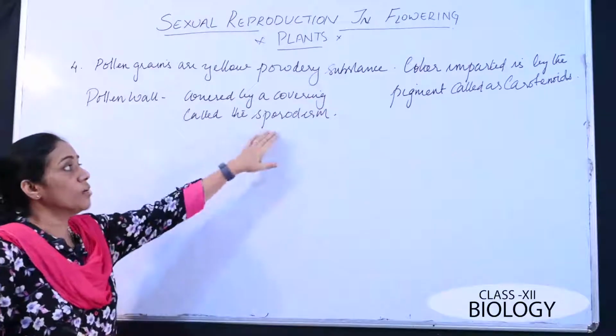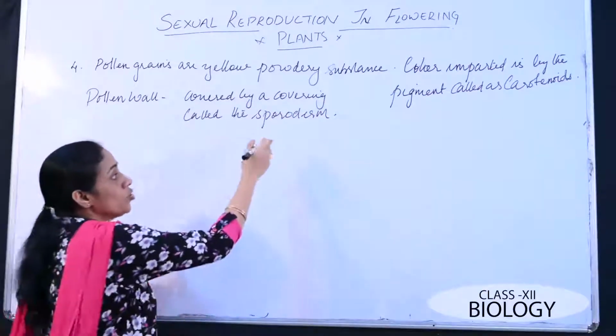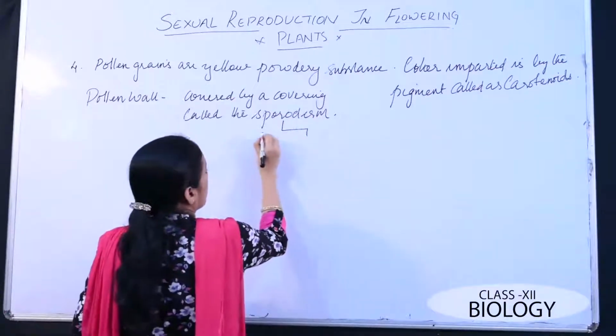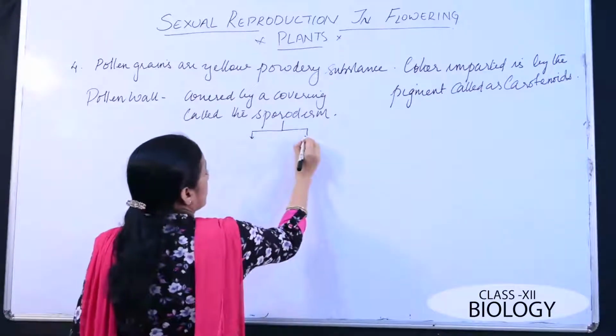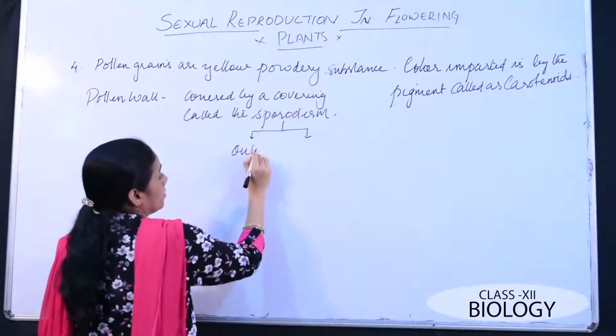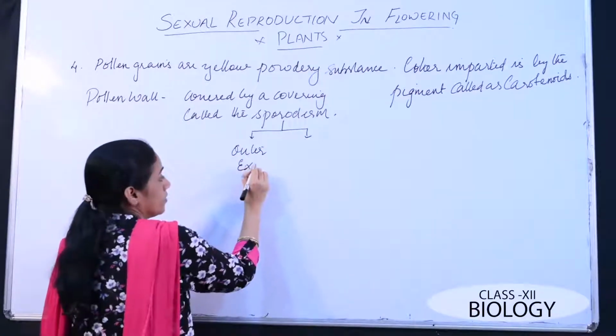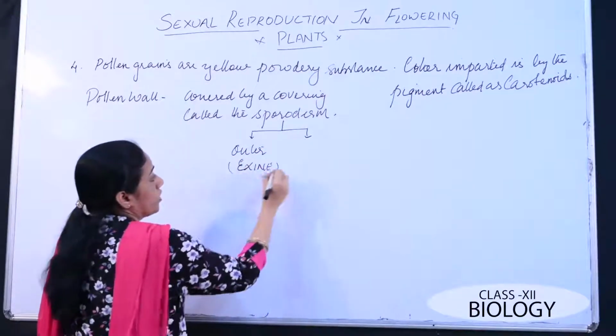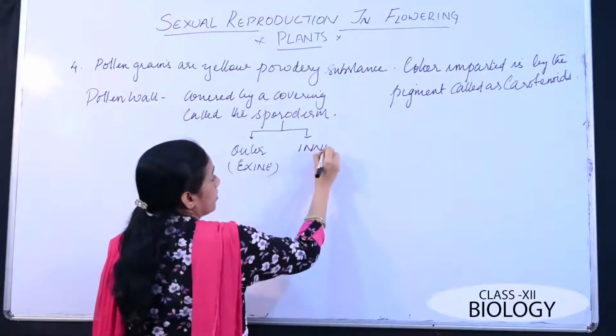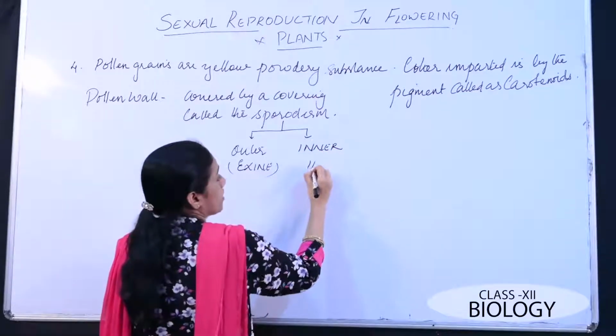Now this sporoderm, students, has two layers. The two layers are, one is the outer layer called the exine, and the inner layer which is called the intine.